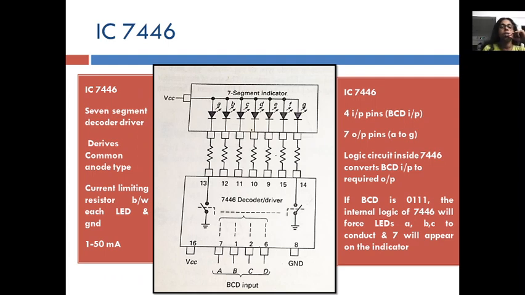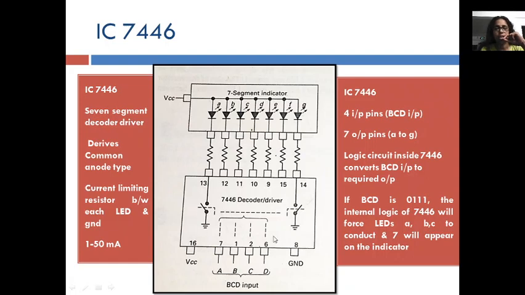So here comes the role of decoders. Look carefully at this diagram. This is IC 7446. You could see that this IC is connected with the 7-segment indicator. You just see the diagram and understand it properly.